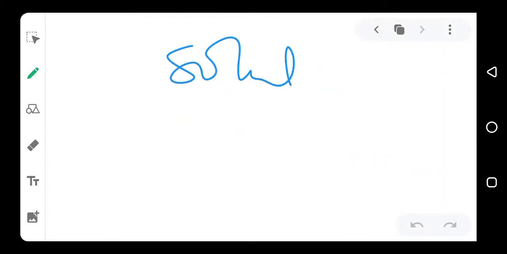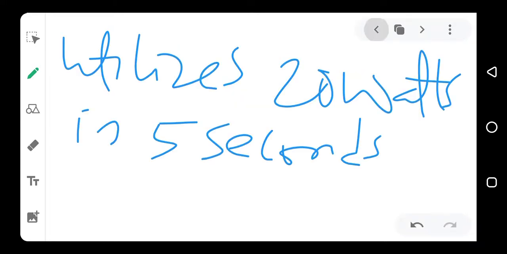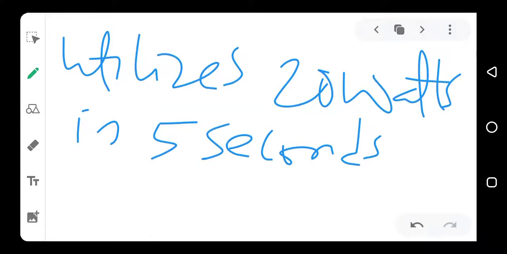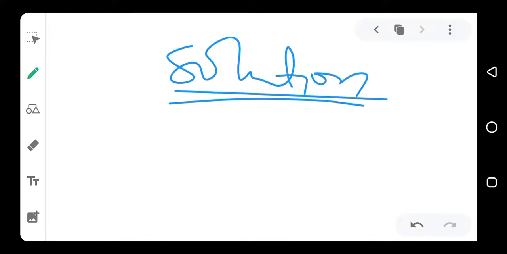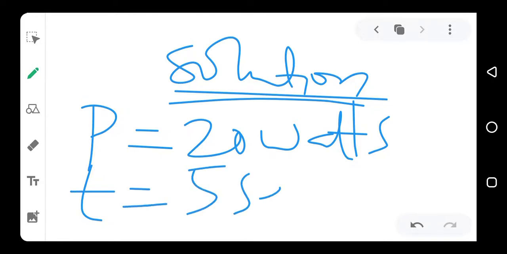Solution: let's bring out what is given to us, the parameters. Watts is the unit for power. That means that this 20 is talking about power. We have our power as 20 watts and we have time as 5 seconds. So we have P is equal to 20 watts and time is equal to 5 seconds.